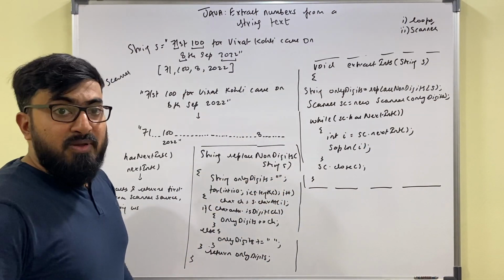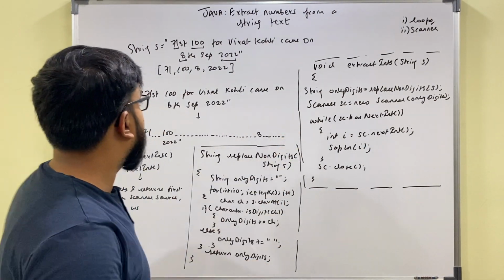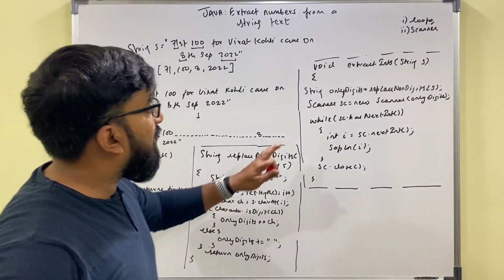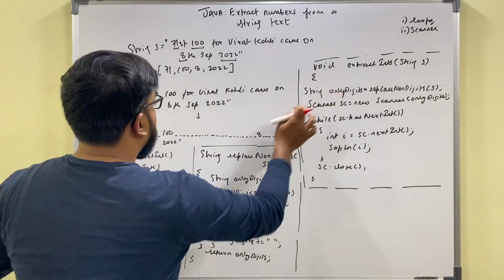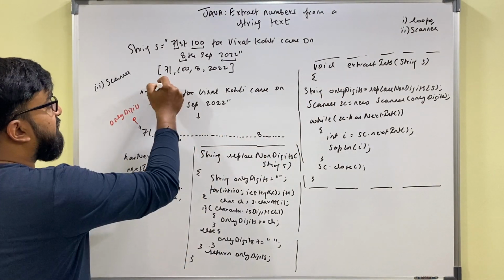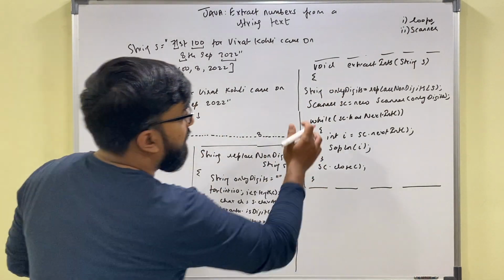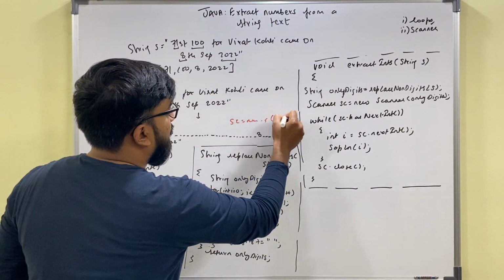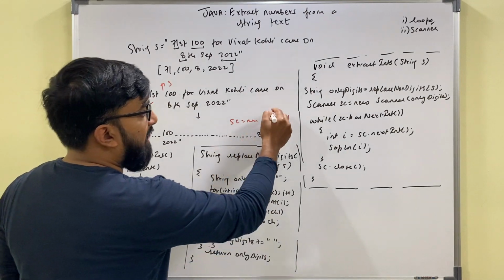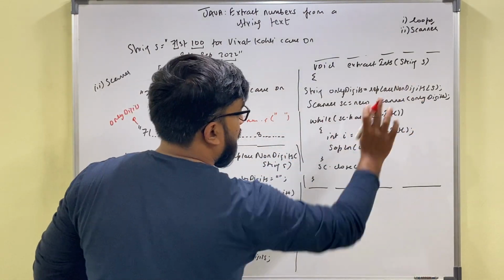Let me quickly dry run this for the given case. I have this as only digits, for this given input s. Then I create a scanner source: sc equal to new Scanner, and I pass this string as the argument to the constructor.